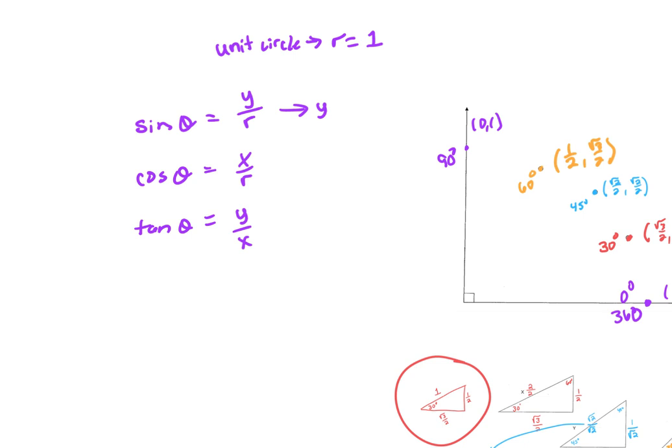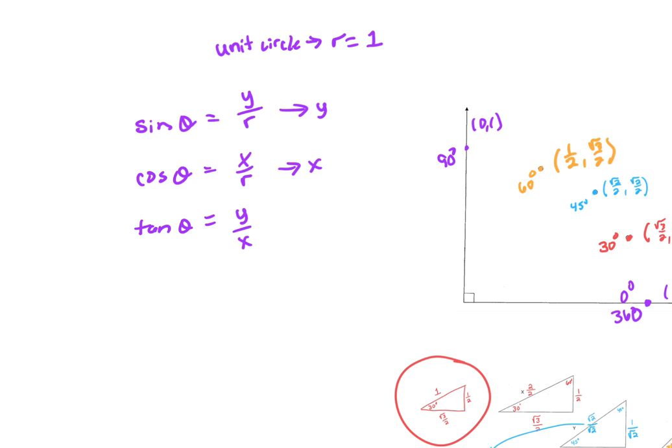For cosine, it's x over r, only r is just equal to 1, so it's really just the x. And then the tangent's kind of its own special thing, the y over x, and we'll look at that here in just a second.